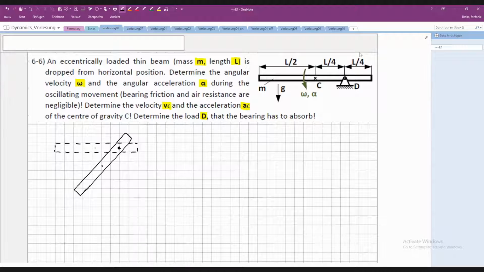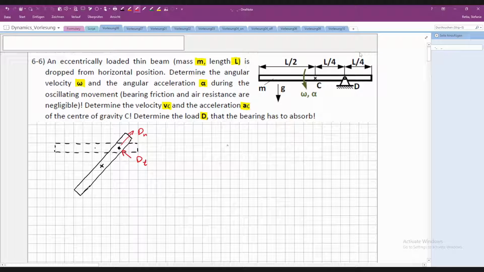And for the deflected position, we include all loads acting on the system, meaning that we have support reactions in our support labeled with D. It's a hinge support. Then we have two support reactions in normal and tangential direction.